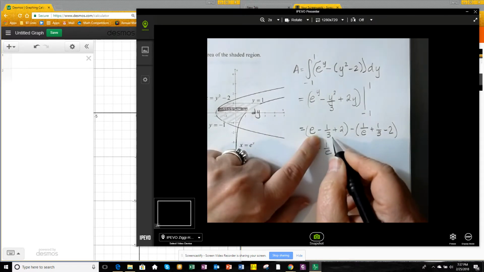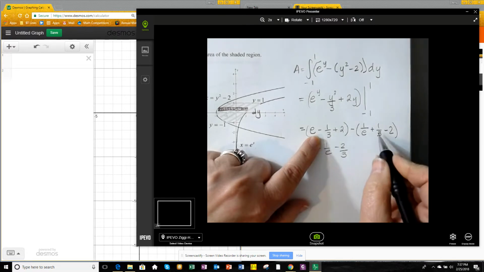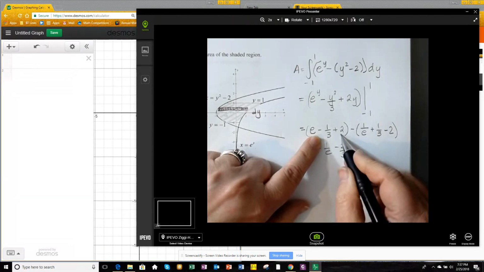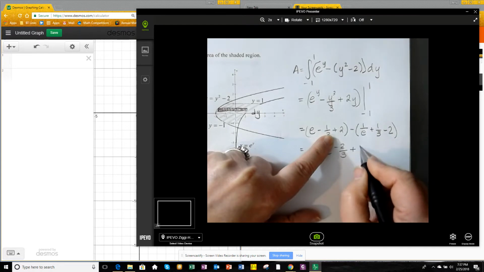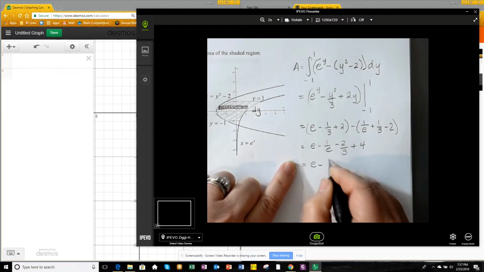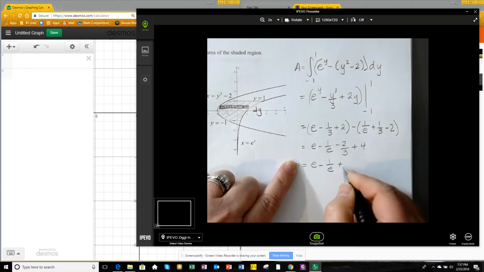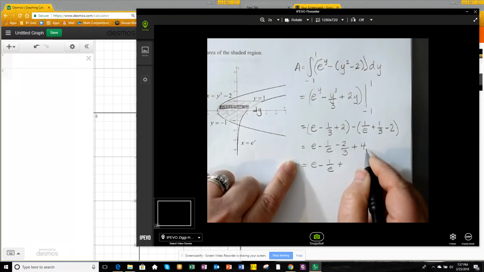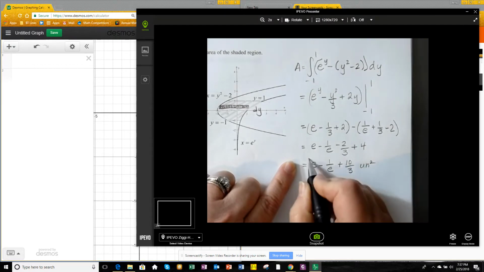And then this is going to be minus 2/3, right, because it's -1/3 and a -1/3. And this 2 and this 2 are going to be added, so we're going to get 4. So we're going to get e minus 1 over e plus, well, 4 is 12/3 minus 2/3 is 10/3 units squared.